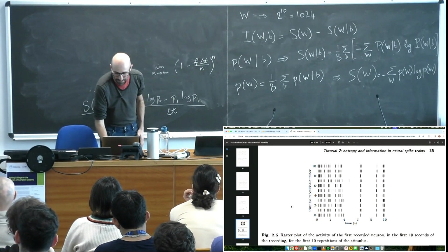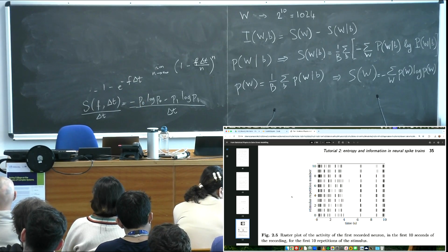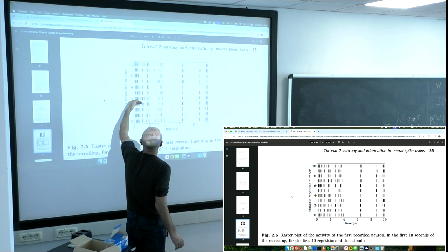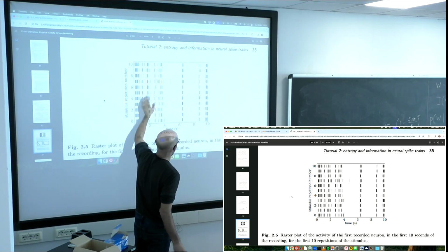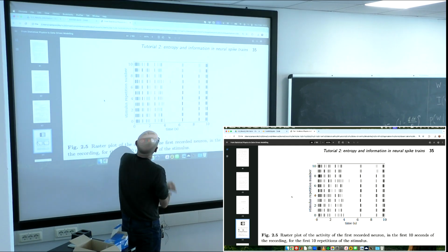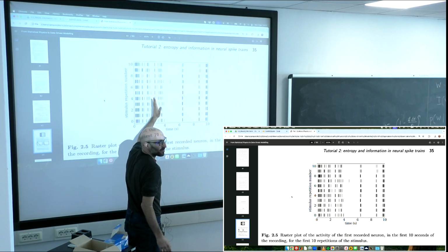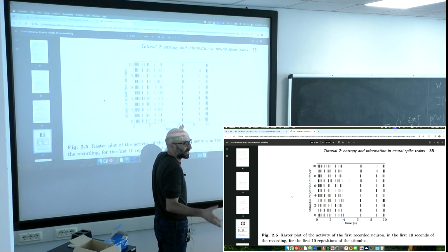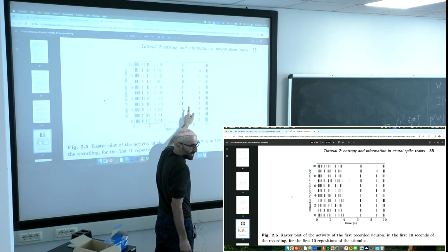So basically, this is the raw data. Each line here is one recording of the same neuron, and each line is one experiment, and then you have the columns that are the times. So if the response was perfectly deterministic, all these lines would be aligned. And you see that there is some reproducibility, but then there is also some variability.